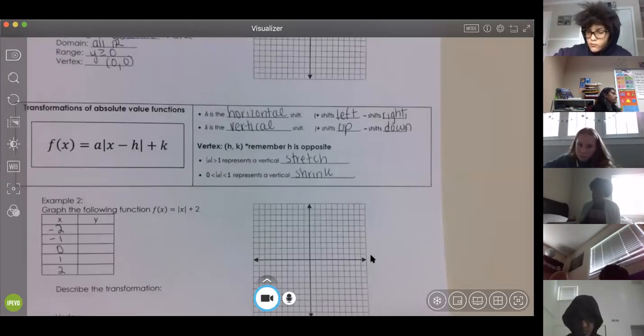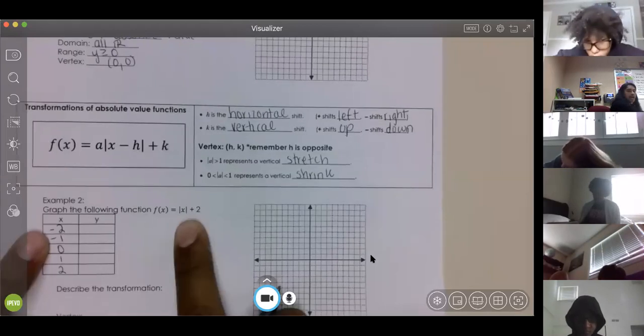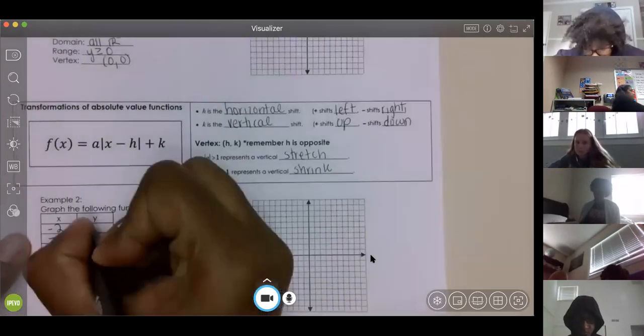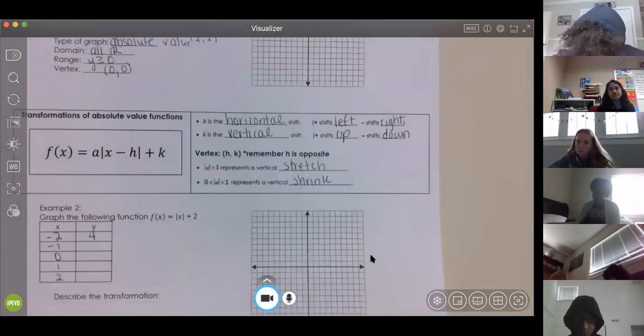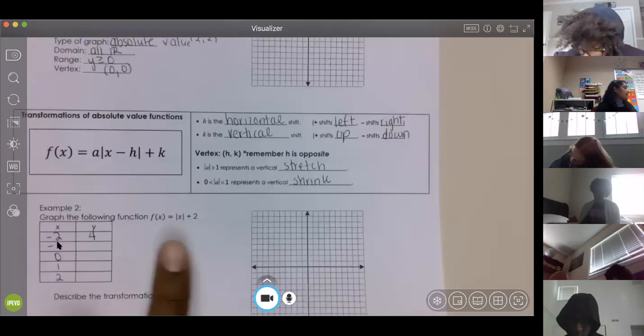And then let's start by plugging in -2 first. So you're going to plug in -2 for x. You're going to find the absolute value of -2, which is +2. +2 plus 2 is 4. Anytime you have x values, you have to plug them back in, right?